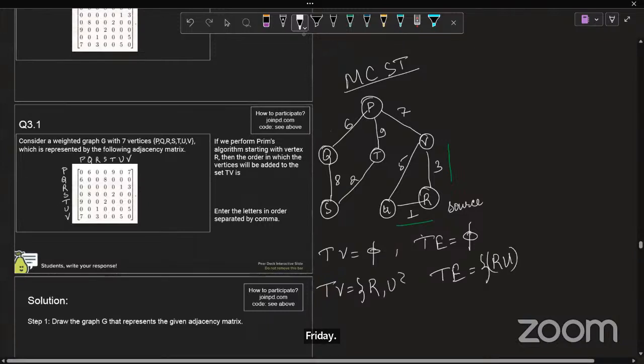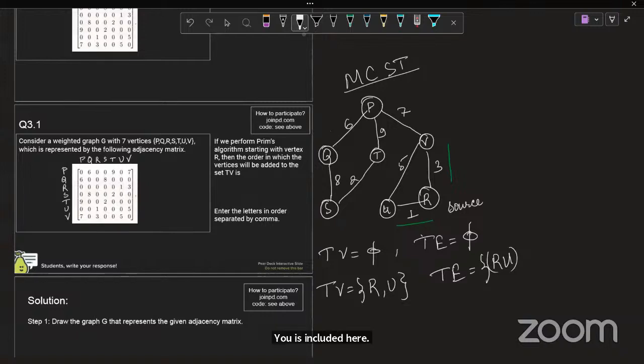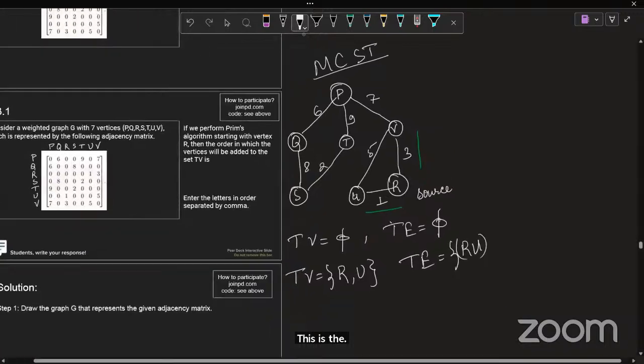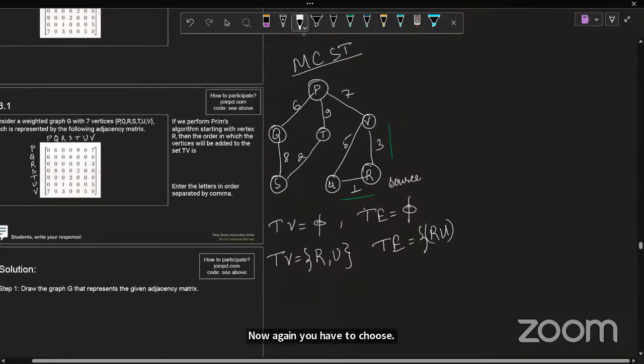And this U is included here. Now again you have to choose the minimum edge. So which is the minimum?